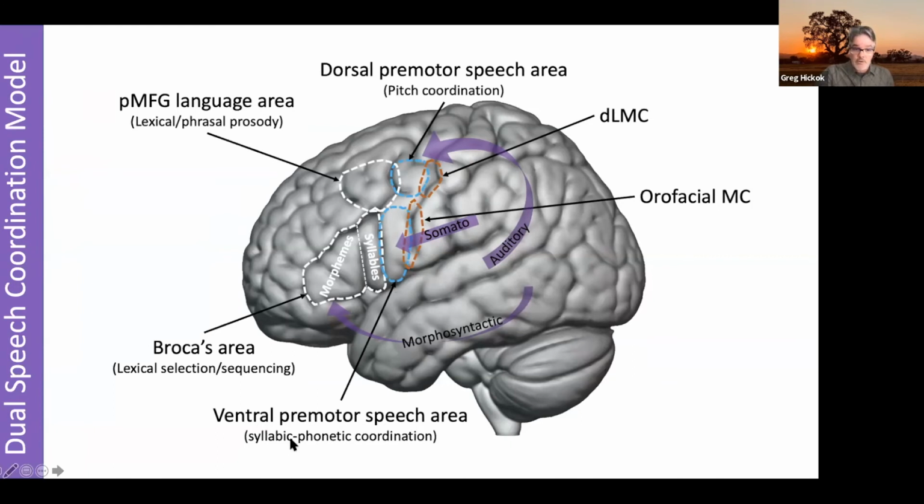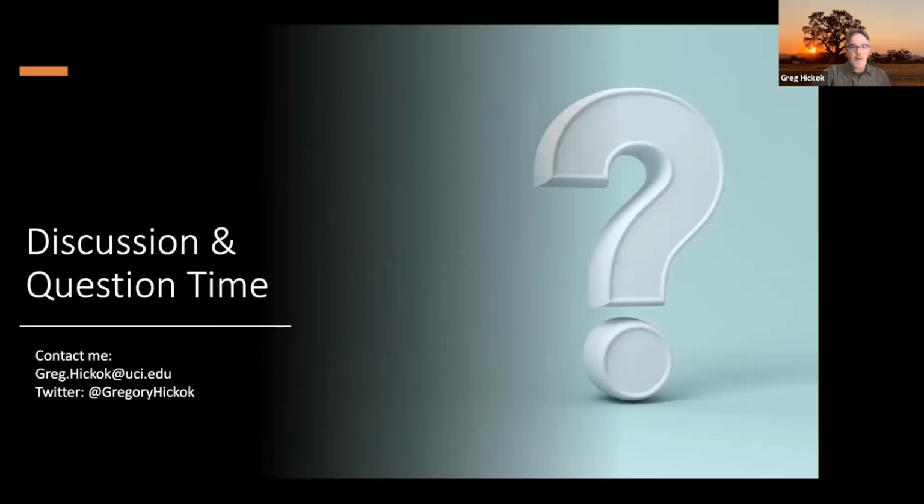A ventral premotor speech area, which is the coordinating system that enabled the frame content model to be realized. And then you have higher level control, which my best guess is this is doing something like lexical selection or morphological sequencing or something like that, phonological sequencing, and so on. So that is basically the model. I've left plenty of time for discussion and comment, which I think there may be a bunch. So why don't I just stop there?